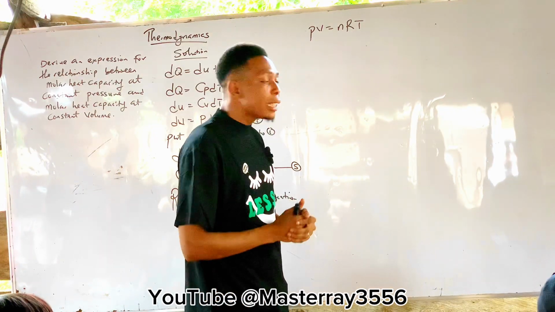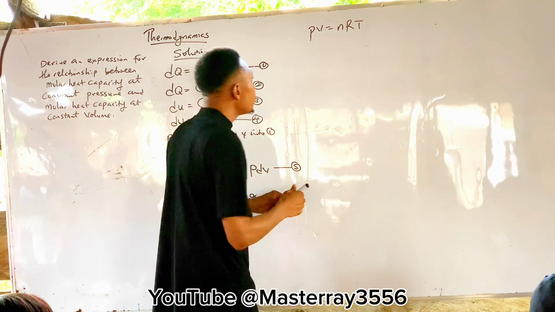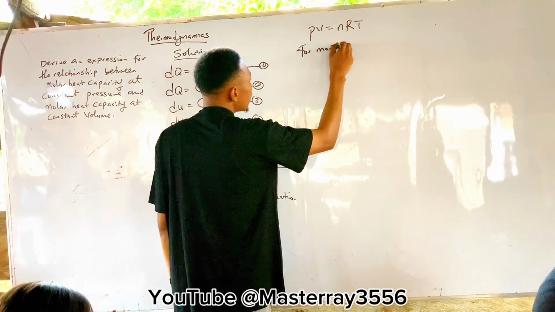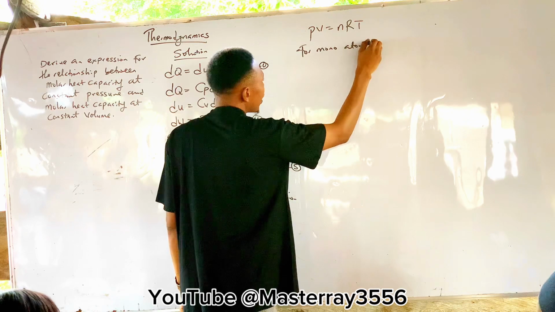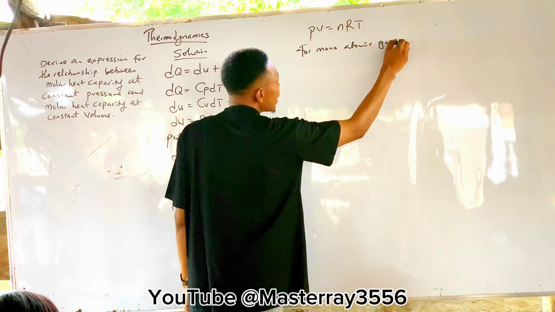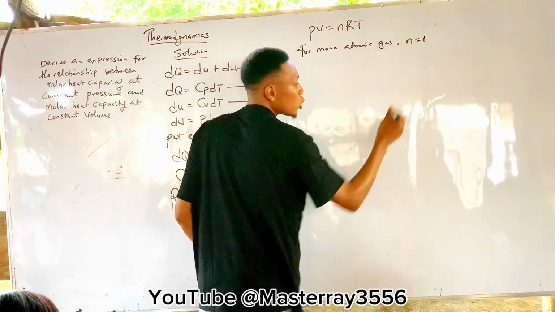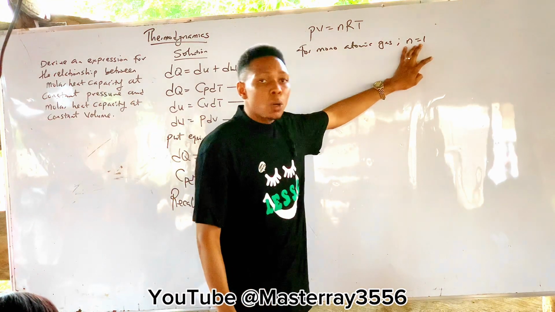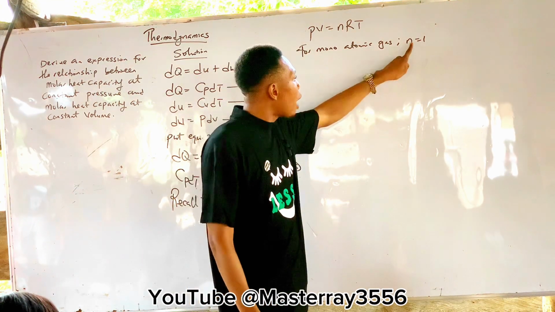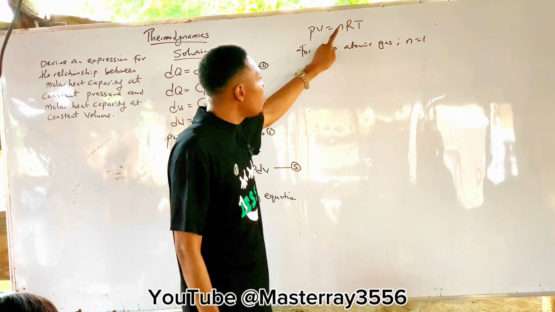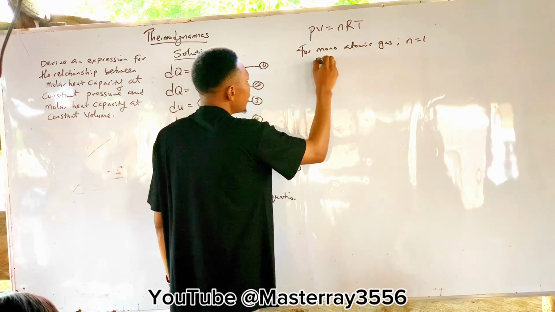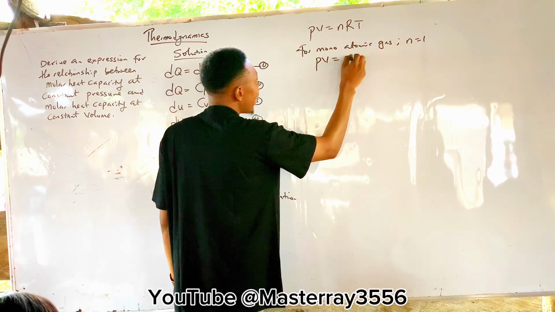Now, for monoatomic gas, n is equal to 1. Are you following? Since n is equal to 1, if we substitute 1 into this place, we have PV equals 1 times RT.